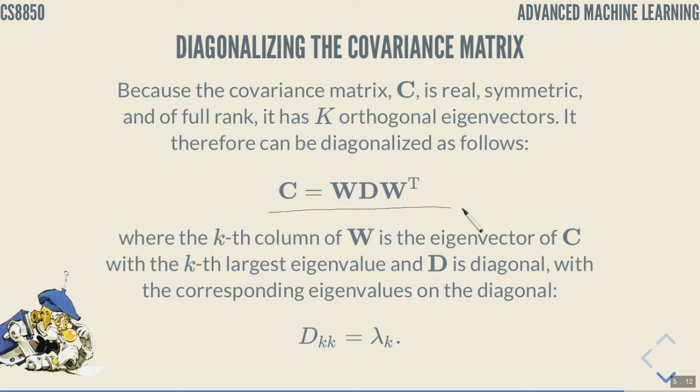Well, we've seen that before, where the kth column of W is the eigenvector of C with the kth largest eigenvalue, and D is diagonal with the corresponding eigenvalues on the diagonal. So D_kk is that eigenvalue. Okay, so we can take C, the covariance matrix, and diagonalize it using eigenvector decomposition.